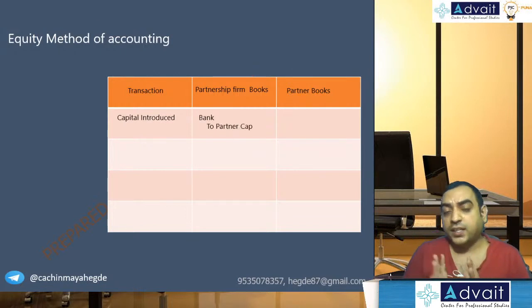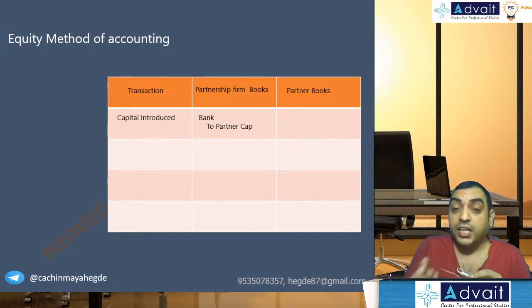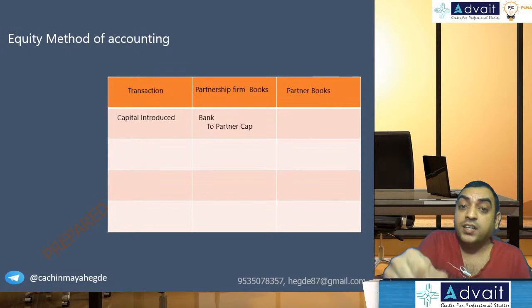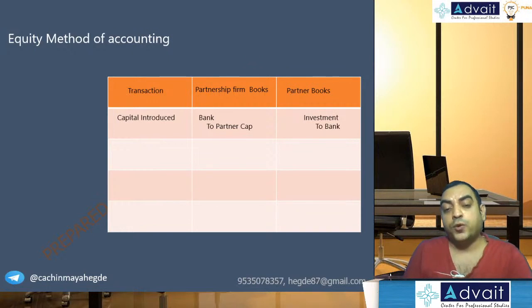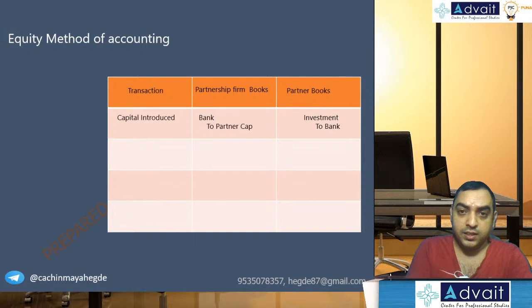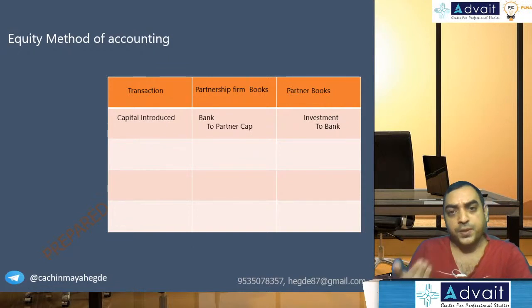Bank account debit to partner's capital. And what entry will you pass in partner's books? He will have an investment in the partnership firm, so investment account debit to bank. Okay, so for one person it is receiving amount, for the other person it is investment.